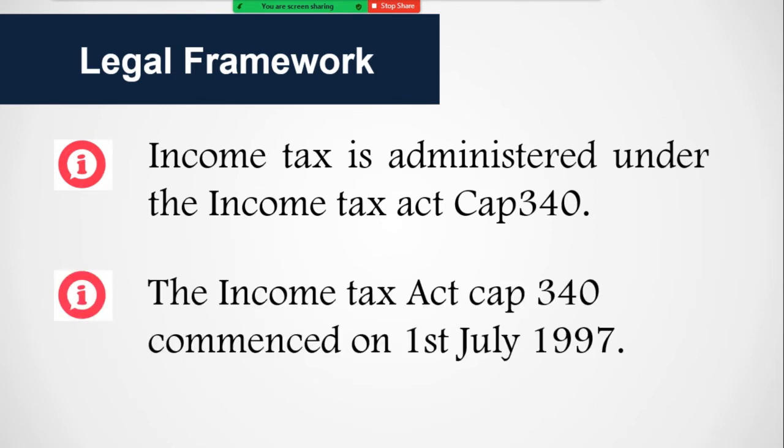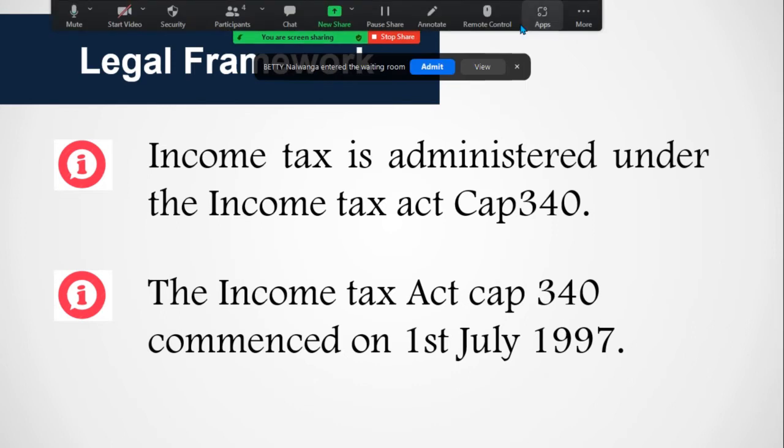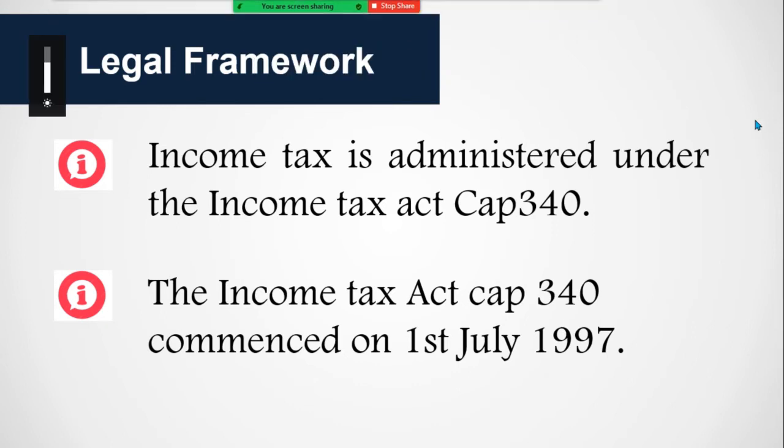The Income Tax Act, which legalizes the income tax, commenced on the 1st of July 1997. That's when the law became effective, and it was henceforth imposed on the citizens of Uganda.